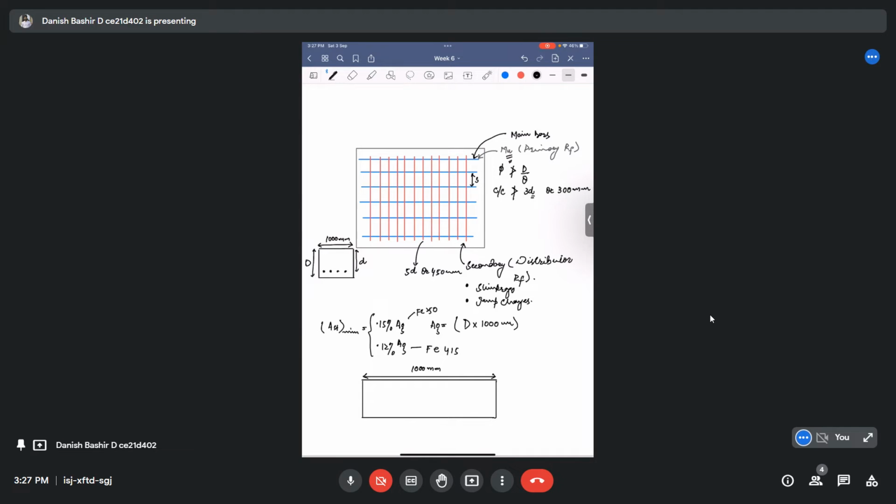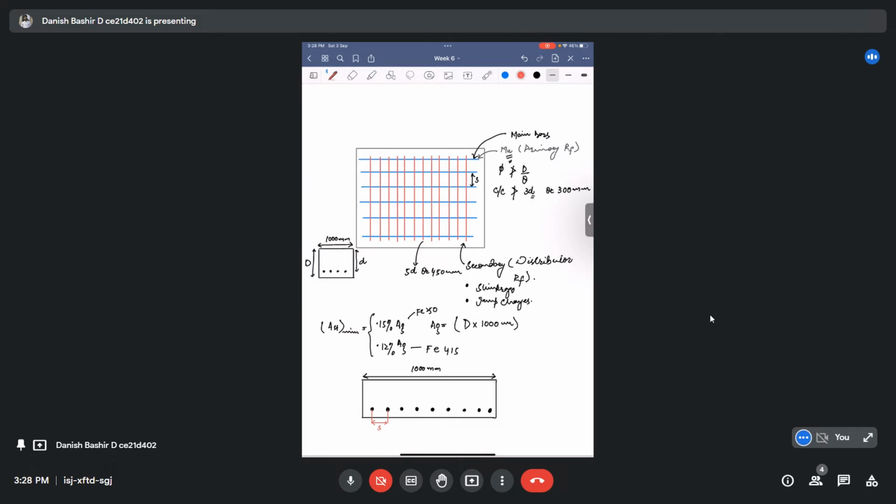For example, the bars are placed like this: 1, 2, 3, 4, 5, 6, 7. I will write it in a different color. It is the center to center spacing, from the centroid of one steel reinforcement bar to another, given by small s.